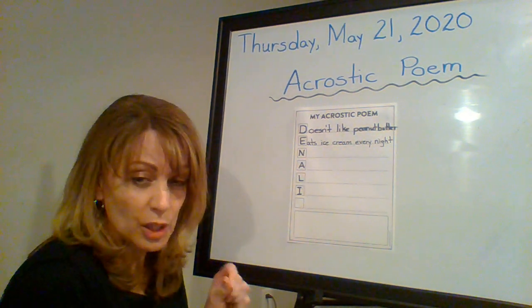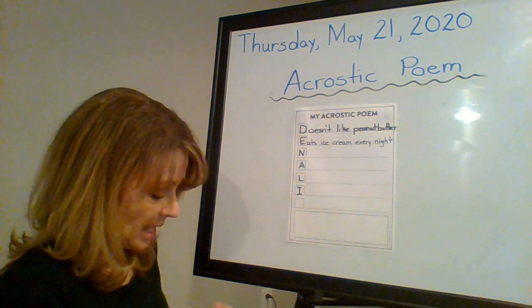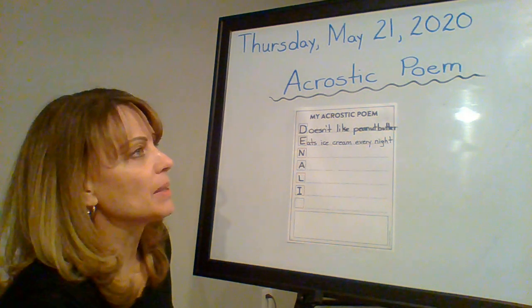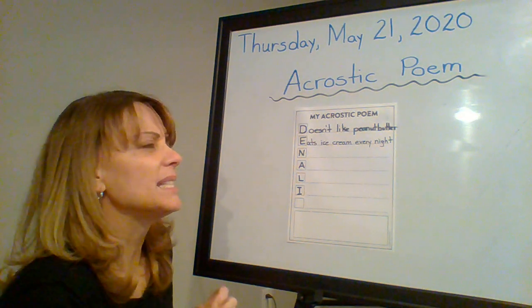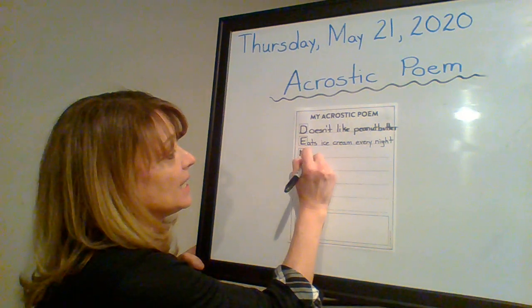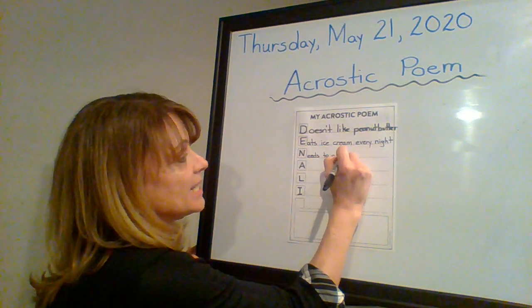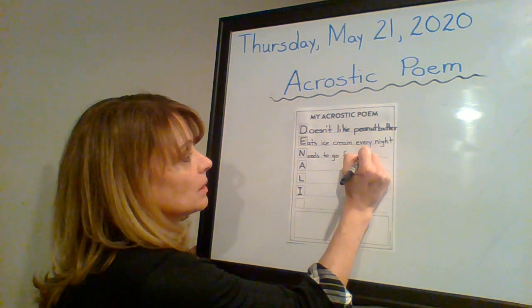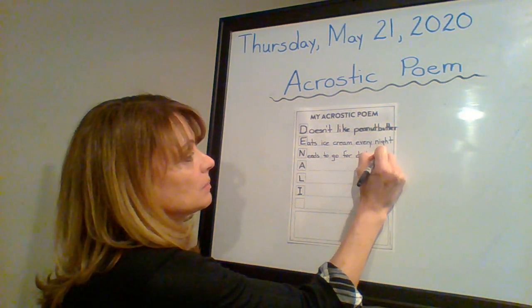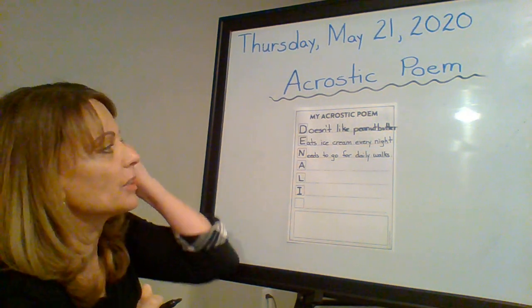He eats vanilla, a little scoop of vanilla ice cream every single night. N. What about the N? Well, I thought, well, what does he need? So he needs to go for daily walks. Okay, he needs to go for daily walks.